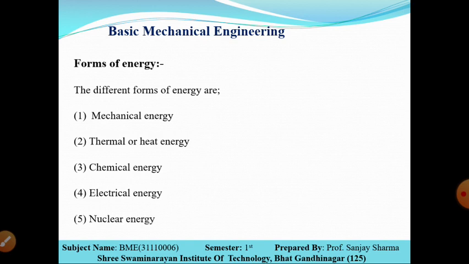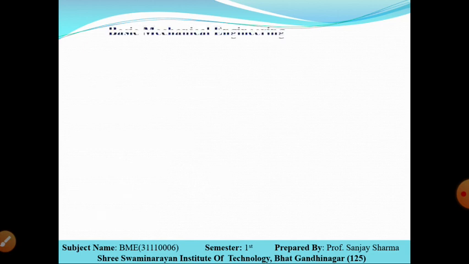And fifth is nuclear energy. So these are the different forms of energy. Now let us see one by one what all this energy tries to say.